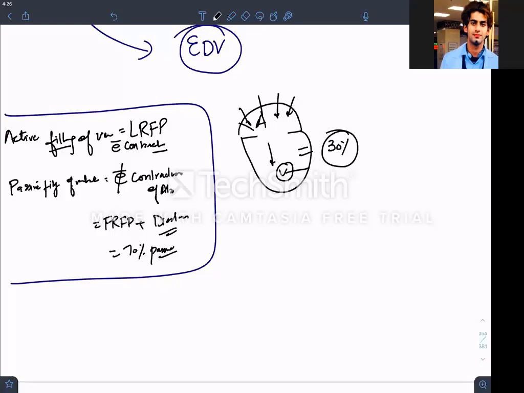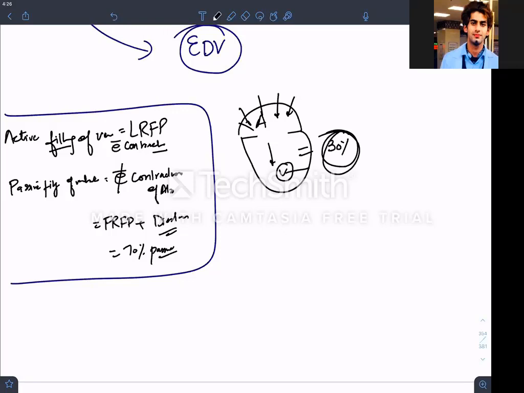If it was 30% in the normal cardiac cycle, when the heart rate is increasing, that means you are not giving the ventricle time to relax, not allowing the ventricle to fill. You are decreasing the ventricular diastole. That means the atria should come into power so that they can give the blood and you can get more ventricular filling. That means the atria will increase its contribution to 40%.